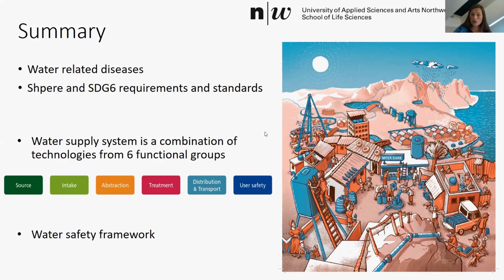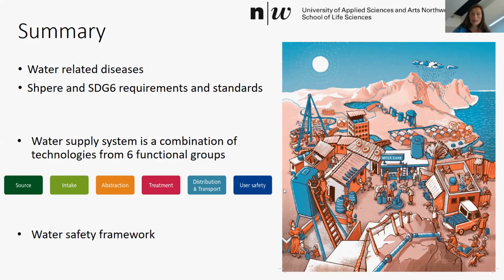So now I would like to finalize this lecture and provide a short summary. What we talked about in the beginning were the water-related diseases and the link between water and health. We discussed the Sphere standards and their relation to the Sustainable Development Goal 6 requirements, standards and guidelines.